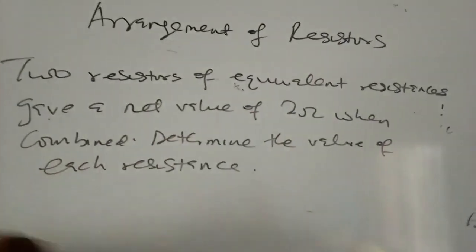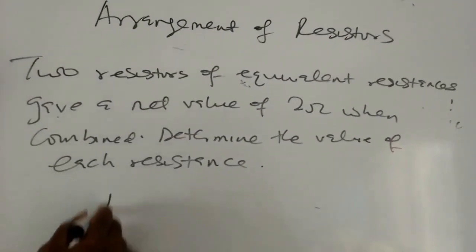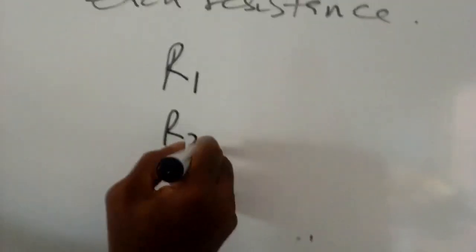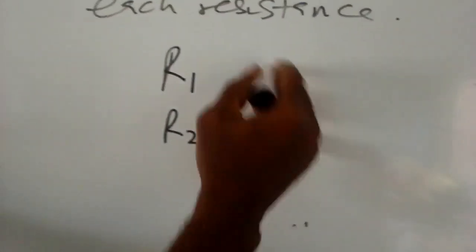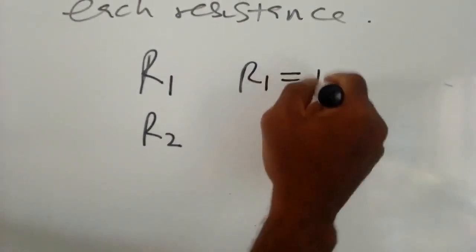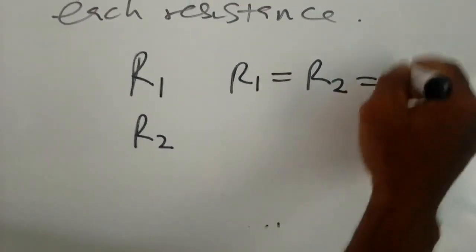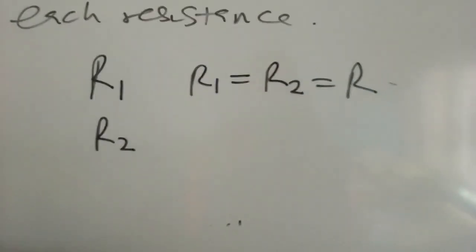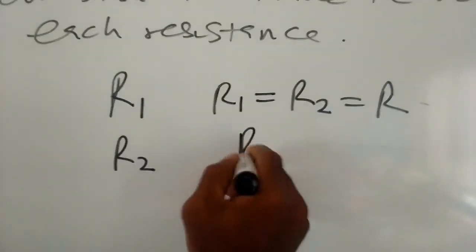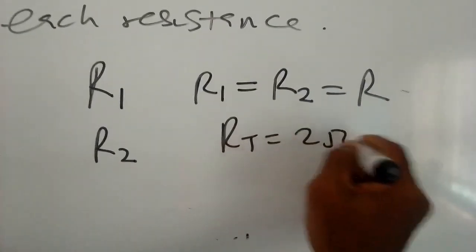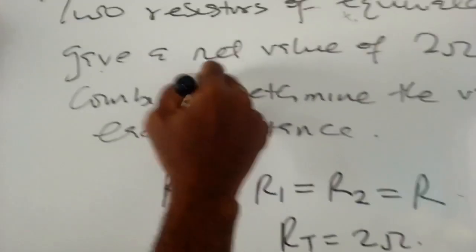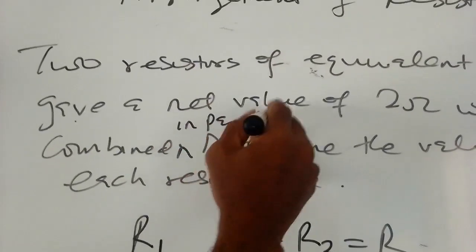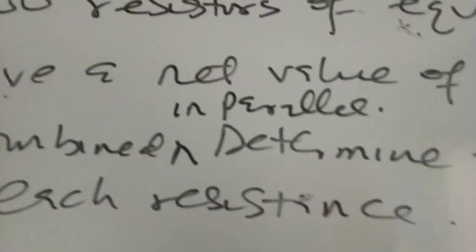Let the first resistance be R1 and the second one be R2. Since they are equal, R1 is equal to R2, and we can take the value to be R. They give a total of 2 ohms when combined in parallel, and we are asked to find the value of each resistance.